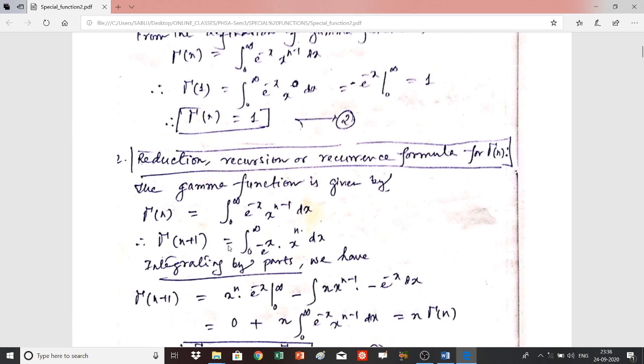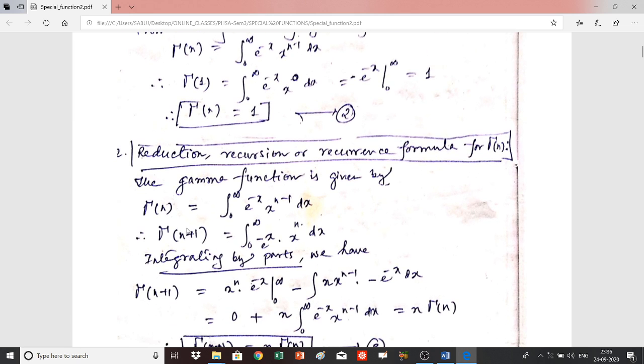Now just replace n by n plus 1. Then gamma n plus 1 will be equal to integral 0 to infinity e to the power minus x, x to the power n plus 1 minus 1, so it is equal to x to the power n dx.